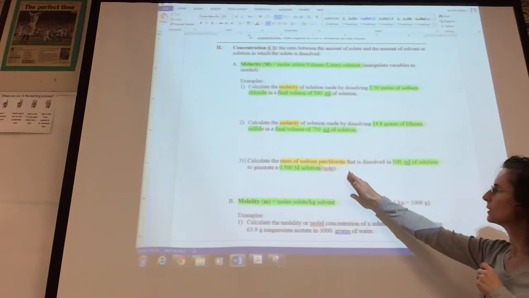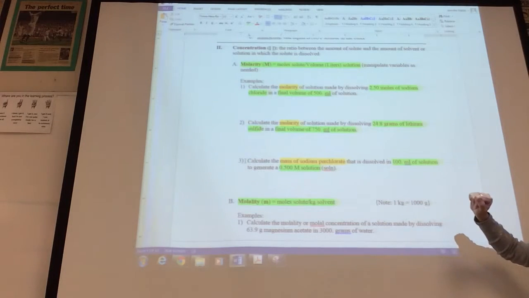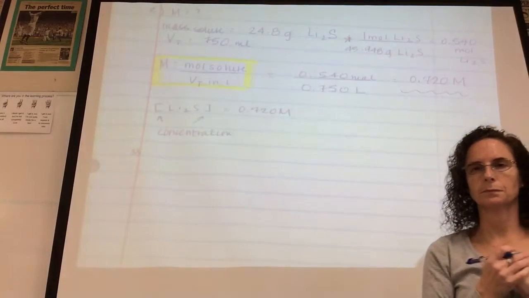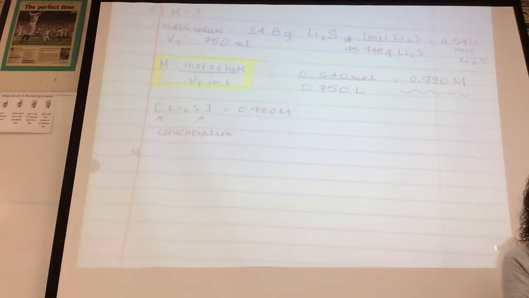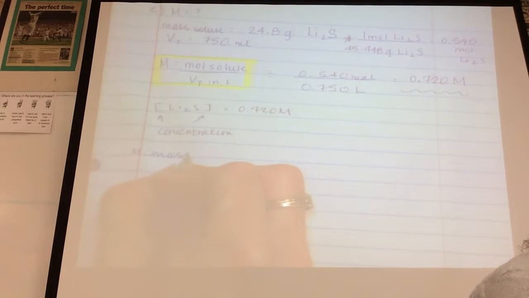So we want to calculate the mass of sodium perchlorate dissolved in 100 mL of a 0.5 molar solution.